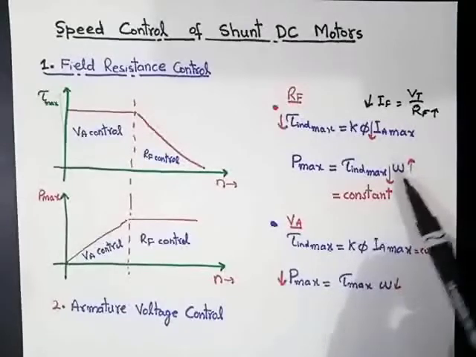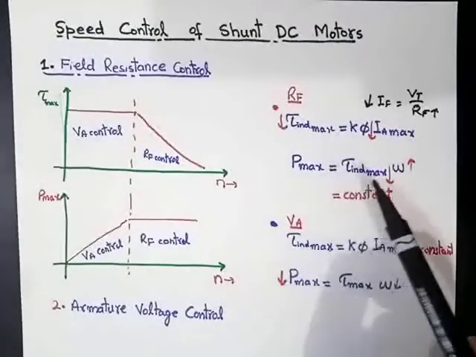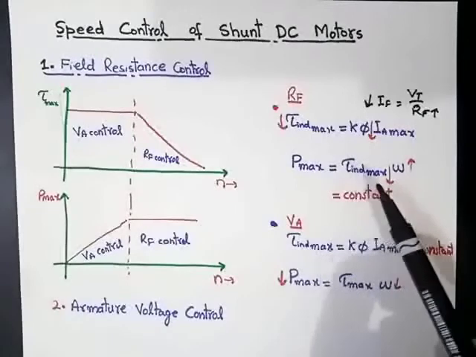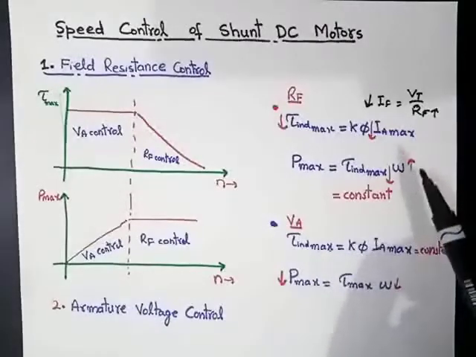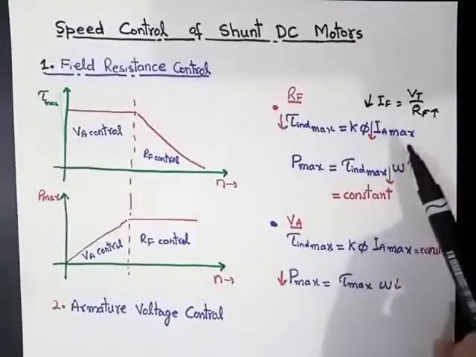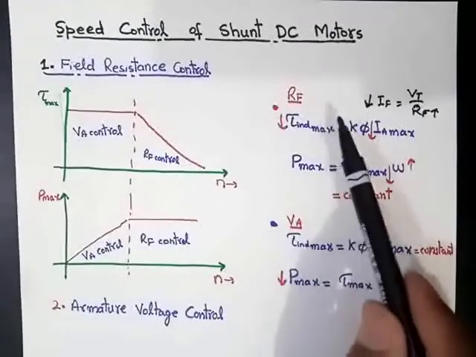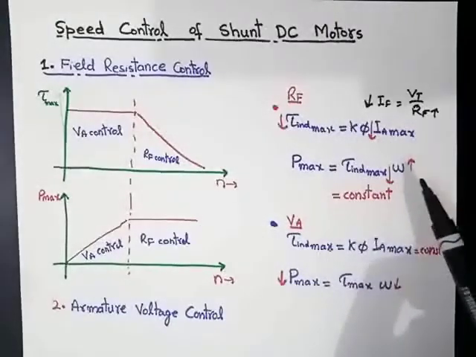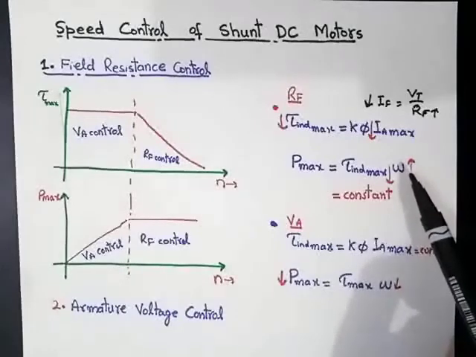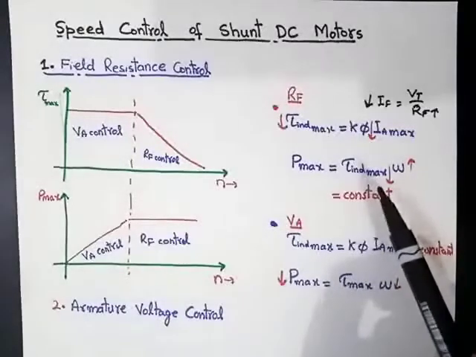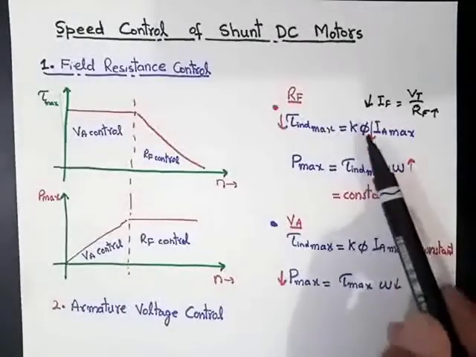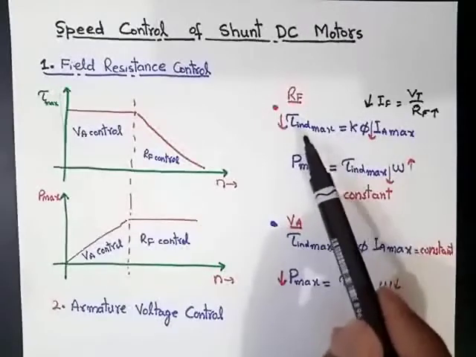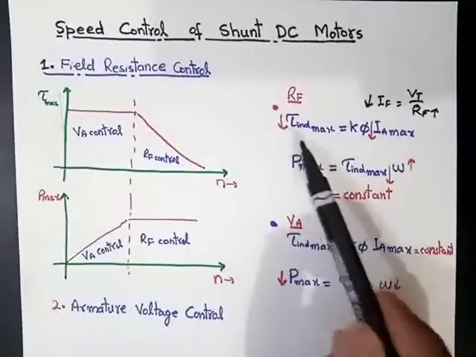As we know, the formula of maximum power is equal to tau induced maximum times omega. When the flux decreases due to field resistance, the speed of the DC shunt motor will increase. And the second factor is the maximum induced torque. When the flux decreases, the maximum induced torque will decrease.